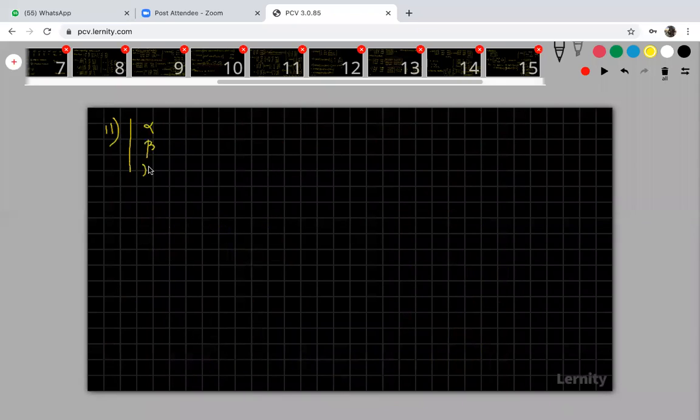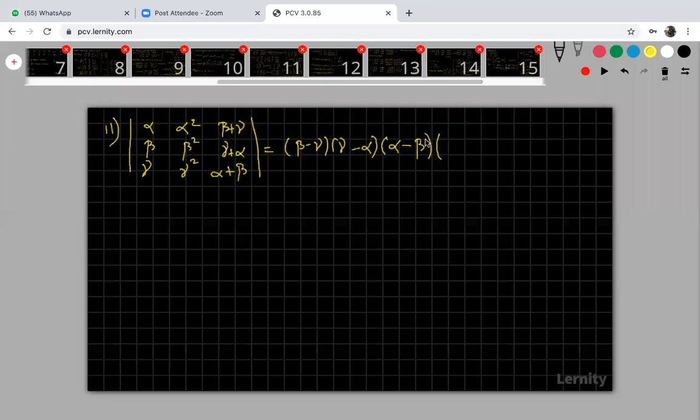The determinant with rows alpha, beta, gamma; alpha square, beta square, gamma square; beta plus gamma, gamma plus alpha, and alpha plus beta, equal to the determinant with rows beta minus gamma, gamma minus alpha, alpha minus beta, into alpha plus beta plus gamma.